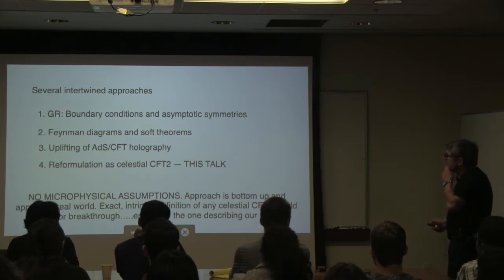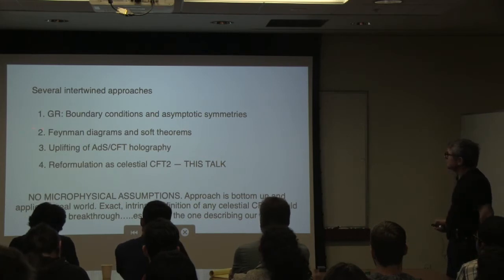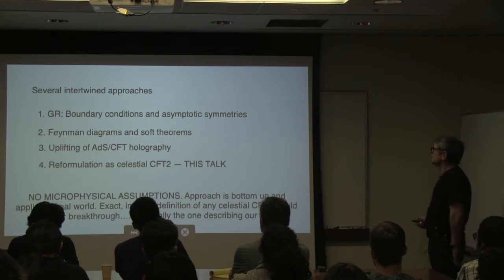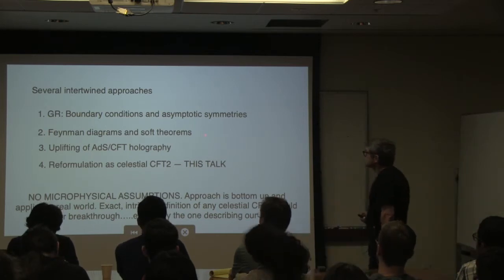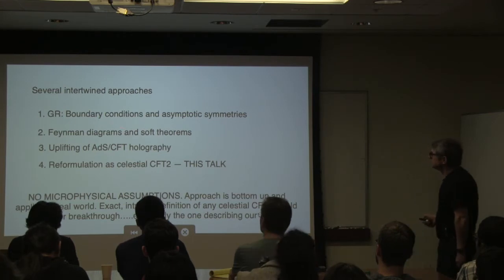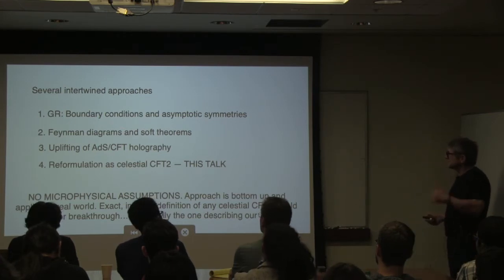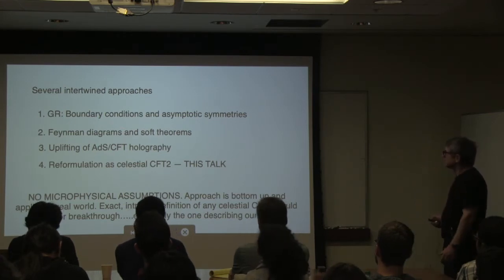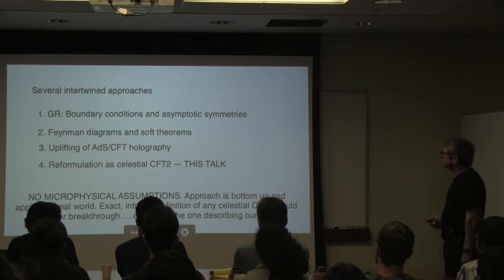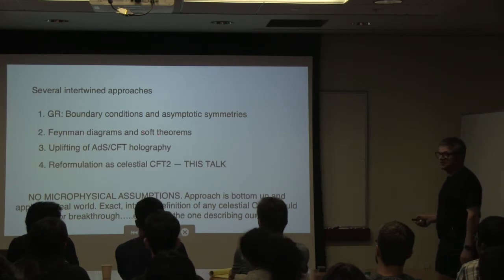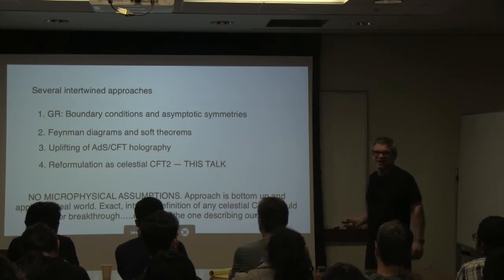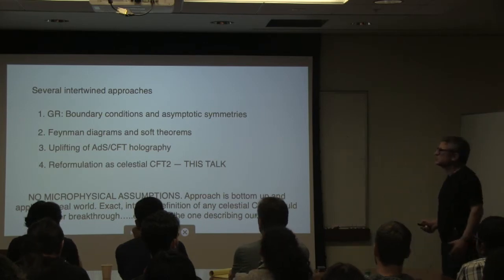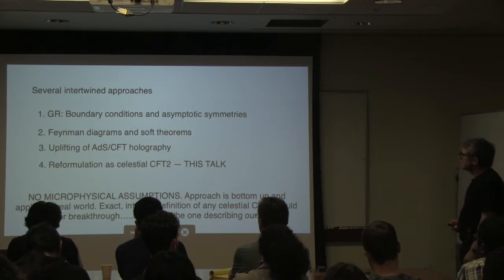Another approach is through Feynman diagrams and soft theorems. Again, we've understood some things about soft theorems since Bloch and Nordsieck, or Gell-Mann and Low, or Weinberg more than half a century ago, but there are still new soft theorems being discovered, and we don't quite know how to understand all the soft theorems.